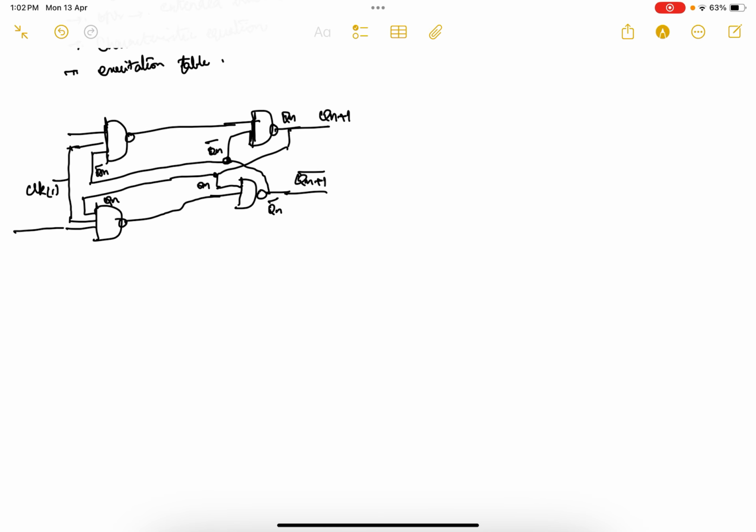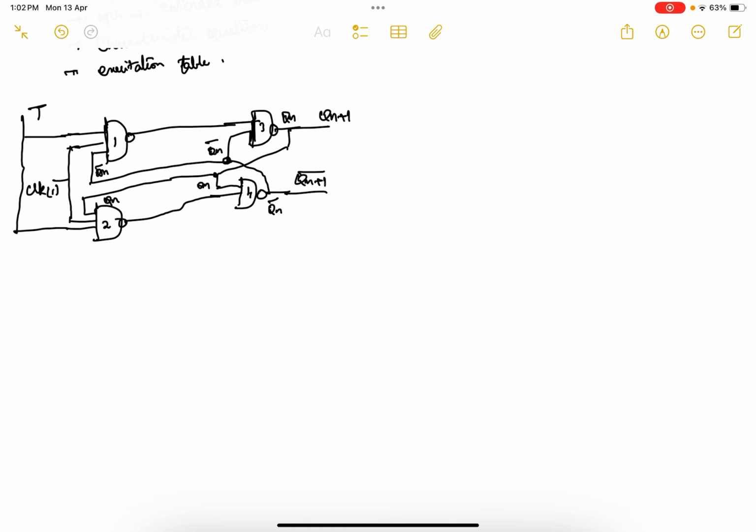Clear? And one more input. Here instead of giving two separate inputs, I am combining these and giving a single input, which is called the T input. Clear? So this is the normal circuit diagram of the T flip-flop.